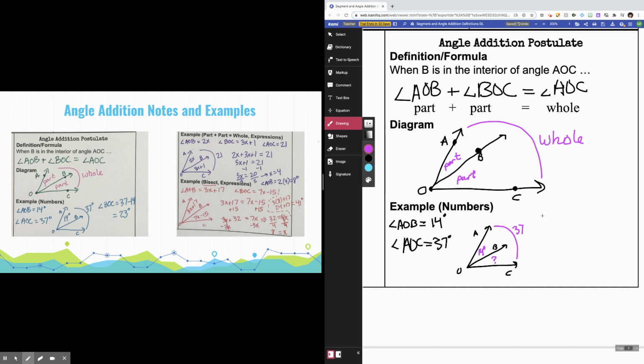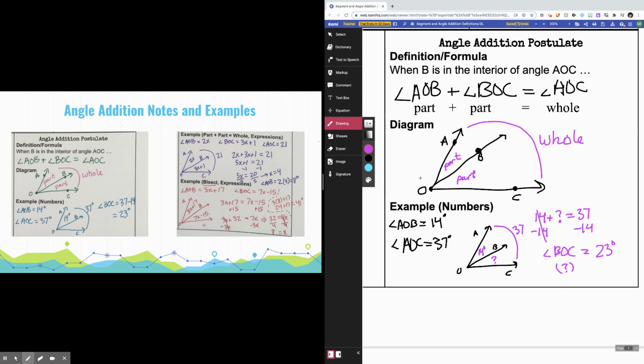I don't know BOC, but I know that 14 plus what I don't know, BOC, has to equal 37. Since they gave me the whole thing and one of the parts, I have to subtract. So I know that angle BOC, which was my question mark here, has to equal 23 degrees.